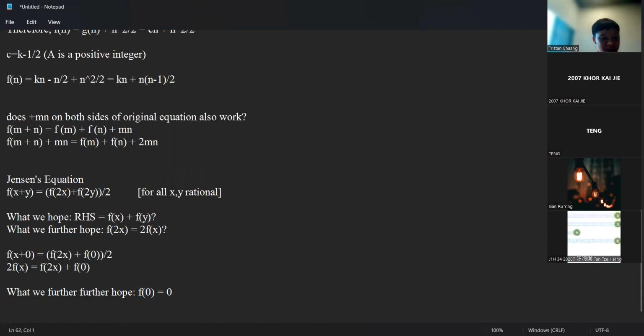So here, let's just let g(x) be f(x) minus f(0), so that everything here is the same, but we have a further condition that g(0) is 0.